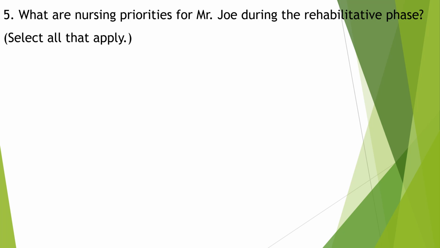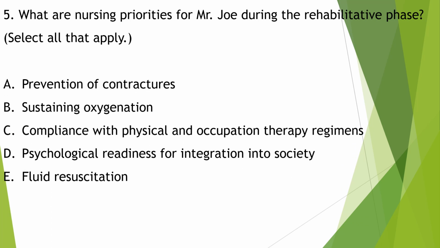What are the nursing priorities for Mr. Joe during the rehabilitative phase? Prevention of contractures, sustaining oxygenation, compliance with physical and occupational therapy regimes, psychological readiness for integration into society, fluid resuscitation. Priorities during the rehabilitation phase of the burn injury focus on maximizing the function and minimizing complications such as contractures and infection.